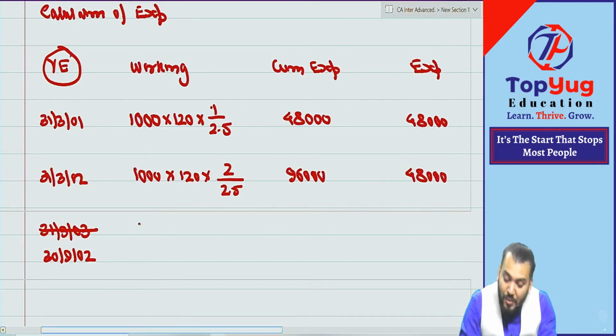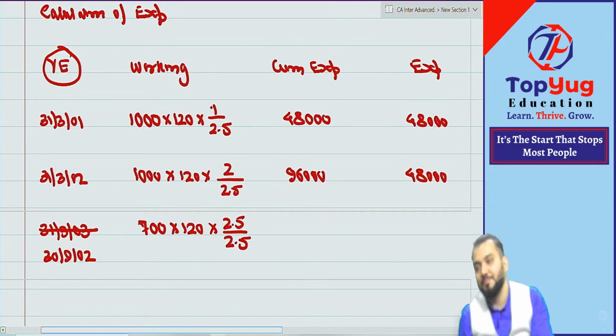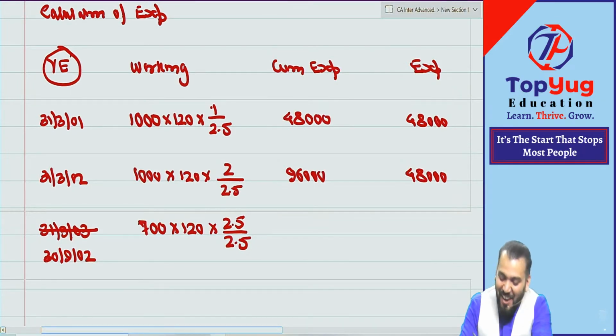So it will be 1000 minus 700, into 120 into 2.5 divided by 2.5. You have done into 3 divided by 2.5. How much? 84,000. Oh my god.